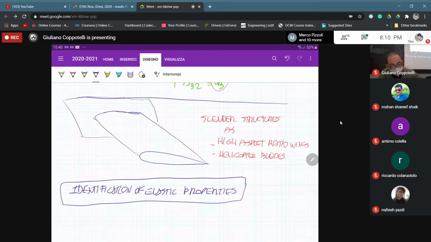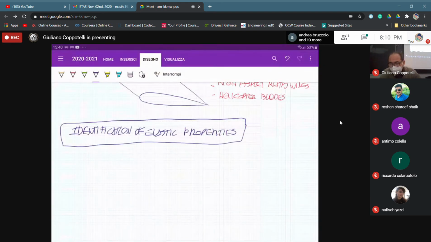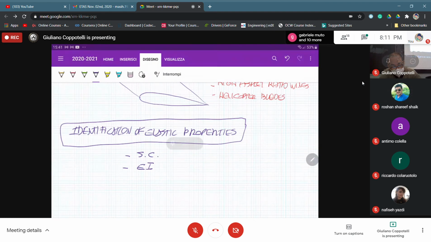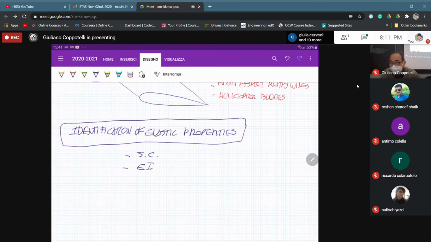First, what are the elastic properties? The elastic properties are the shear center position in the section, and along the span, the bending properties that are EI, the product of the Young modulus and the moment of inertia with respect to the axis that we consider for bending.